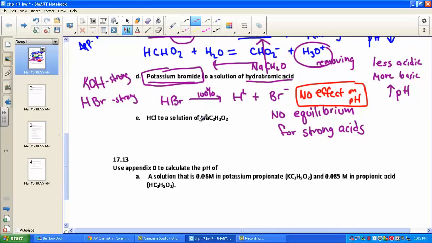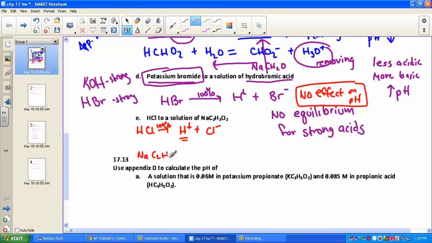So this really isn't looking at a common ion effect. However, let's take a peek at what might happen. Here I have HCl, strong acid. Let me just kind of work this through. So 100% of this is going to dissociate. Strong electrolyte, 100% dissociation. So I have a pretty strong acid. This is definitely going to affect the pH to where it's in acidic range.